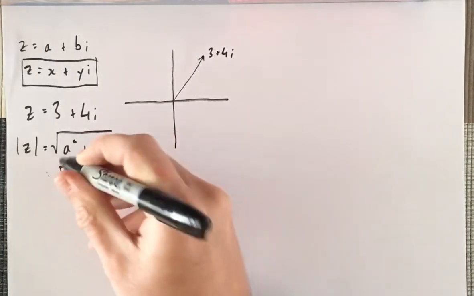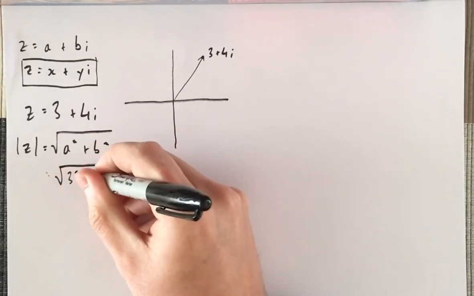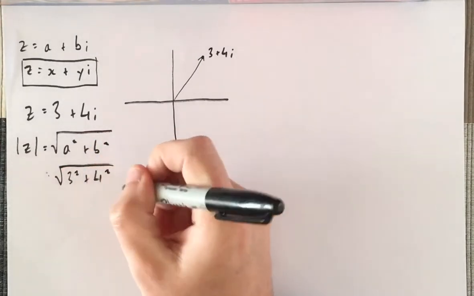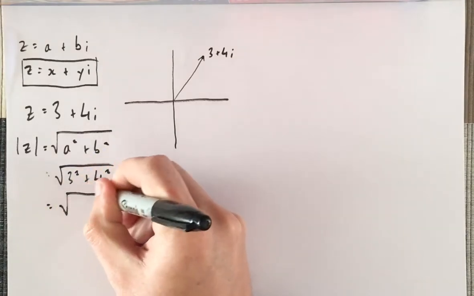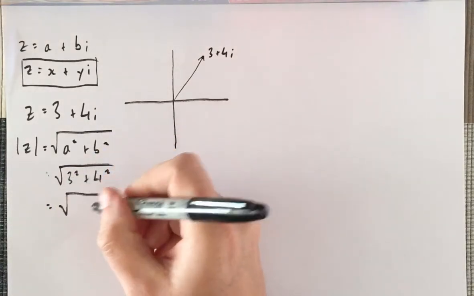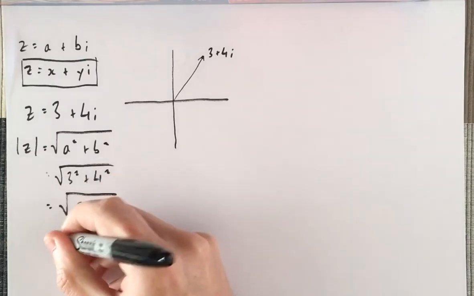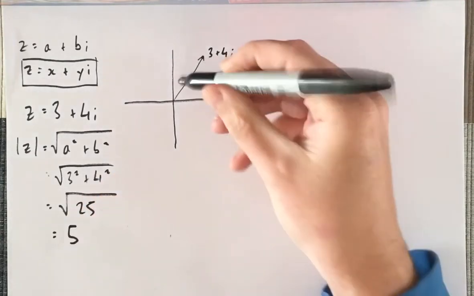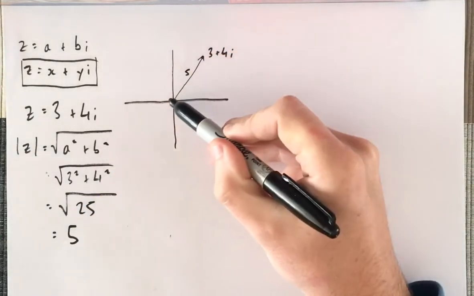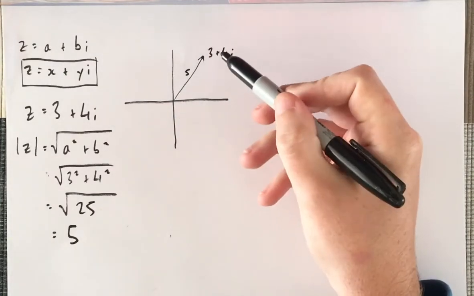So it's the square root of 3 squared plus 4 squared. So that's the square root of 9 plus 16. So square root of 25. So that is 5 units. So you go 5 units out that way.